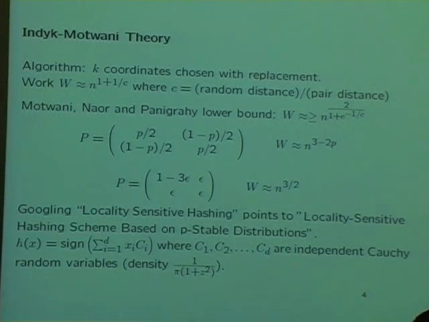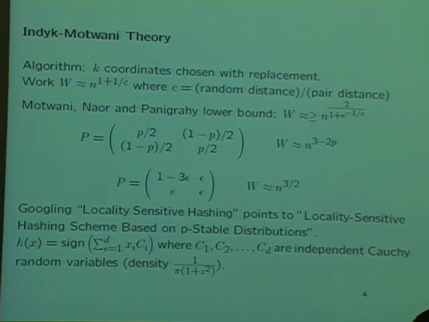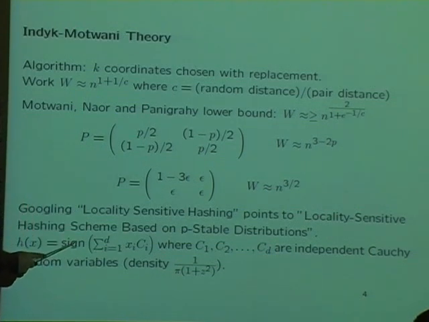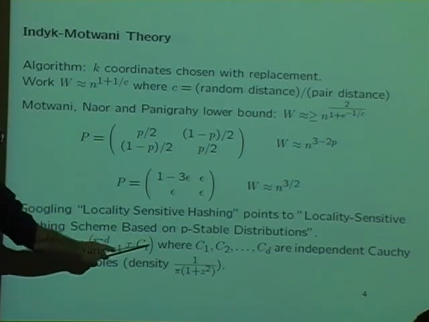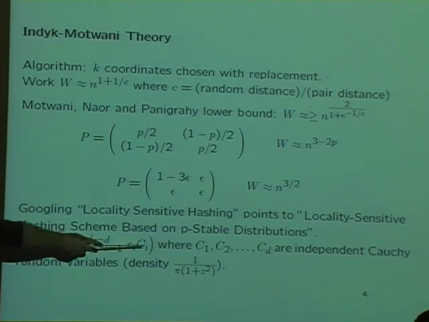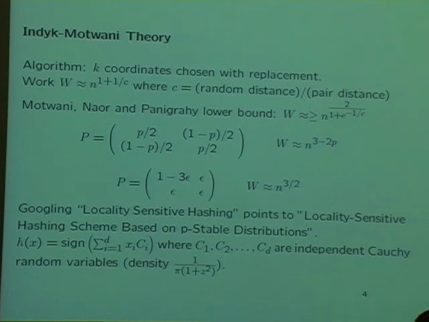And the reason why they're using them is because they go well with the L1 metric. And so what they do is that for each sequence, they're computing a sort of signature, which is 1 bit that is computed out of the whole sequence by taking a combination of values and looking at the sign of the thing. And you need to take, again, k of these random signatures with different values, project into the buckets, and see what happens.